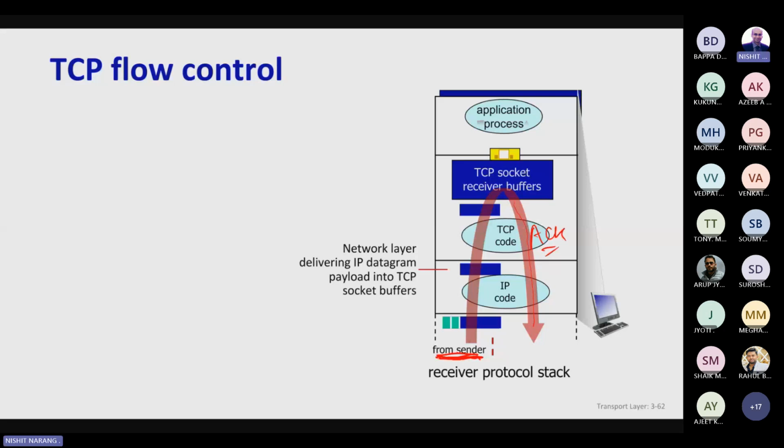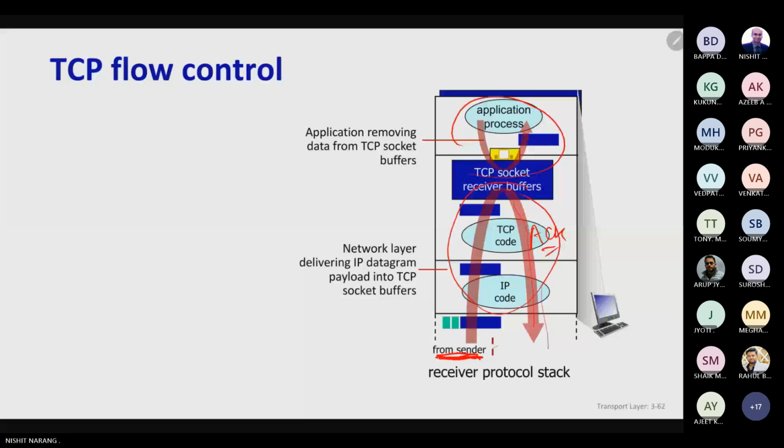So these are two functions happening asynchronously inside a receiver. Data is coming from the network, TCP puts it in the socket buffer and sends back an acknowledgement. Process complete. Then the application gets scheduled, reads from the socket buffers, processes the data, and frees up the receive buffer. That's a separate process. These are two asynchronous functions happening in the receiver protocol stack.